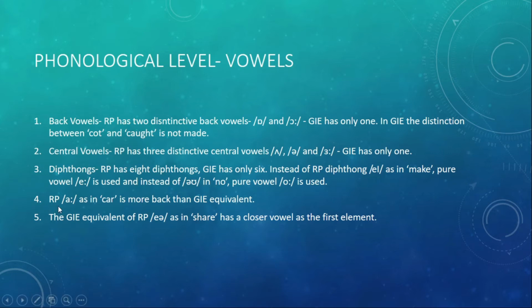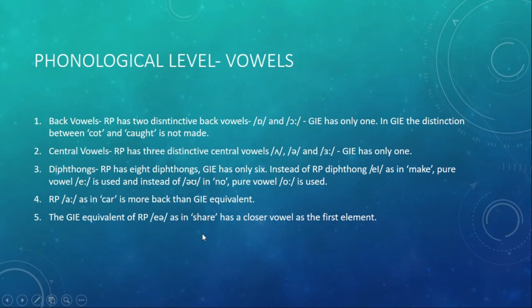And when it comes to received pronunciation, the vowel in ka is actually more of a back vowel than in GIE. In GIE, it is not that much of a back vowel, but in RP, it is more back than in GIE. Again, in GIE, we have this diphthong air, as in share.